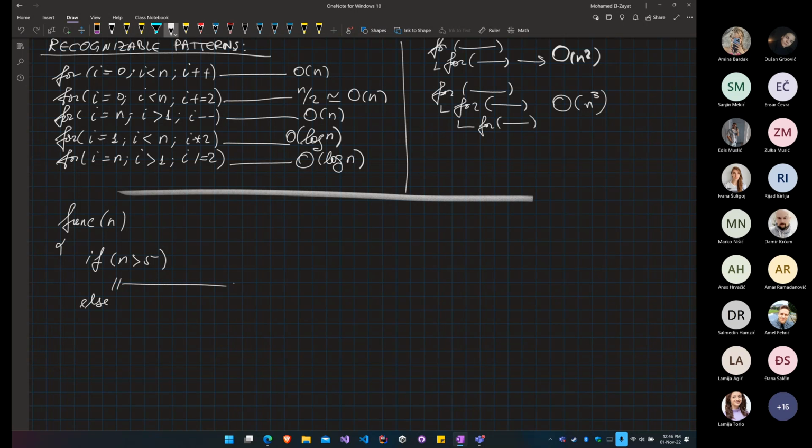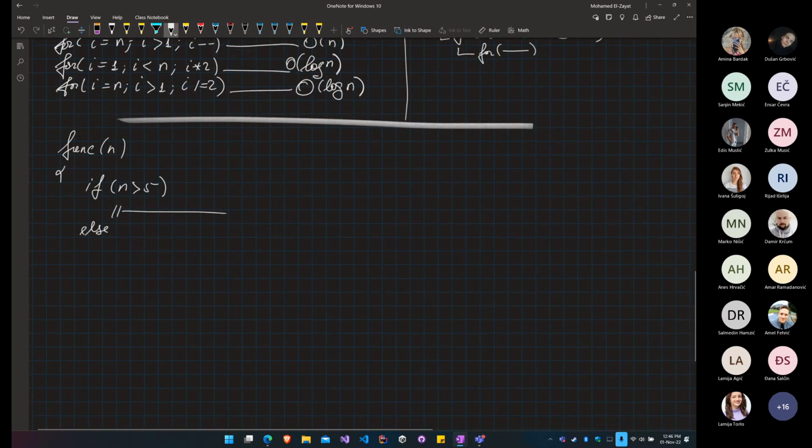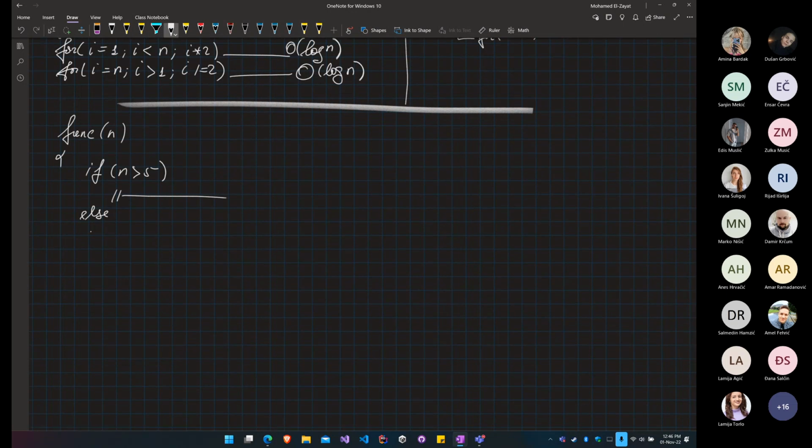Let's say this does one line of code, which we don't care about. And then else, you're going to have a for loop of i equals 0, and i is less than n, i plus plus, and then you do another operation, let's say a print or whatever.